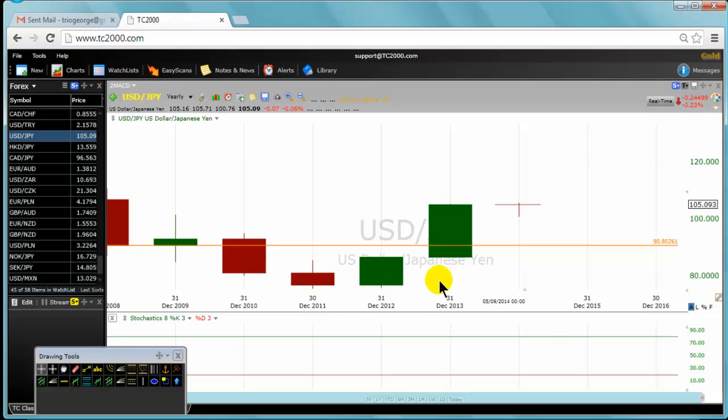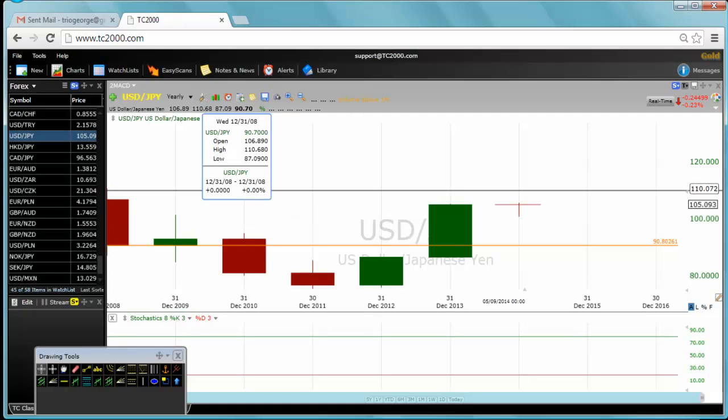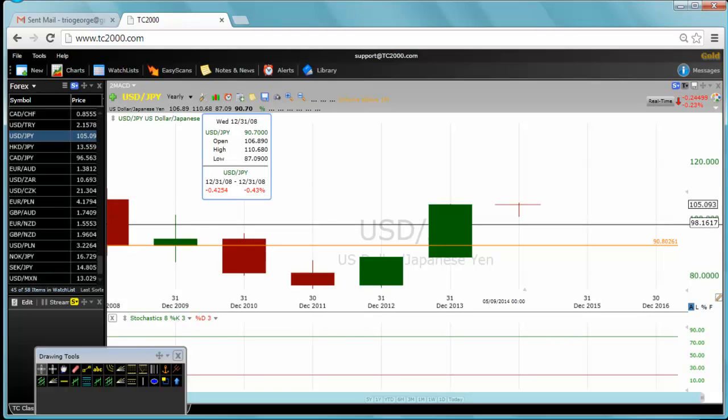So the market will be happy to push it up to the zone of 110.68. If the distortion continues, the dollar will try to retest that level. Another key level that you must not forget is the media line of 2008. That level, I'll just rough it for you, is around 98.16.